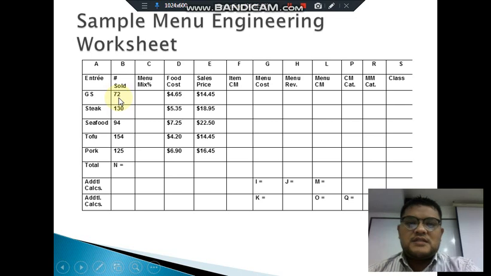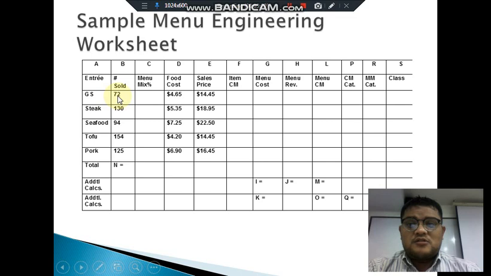For example, this is the data for 1 week of sales records. In 1 week, this entree GS, I'm not really sure what GS is, but it is a food, sold 72 items for the whole week.